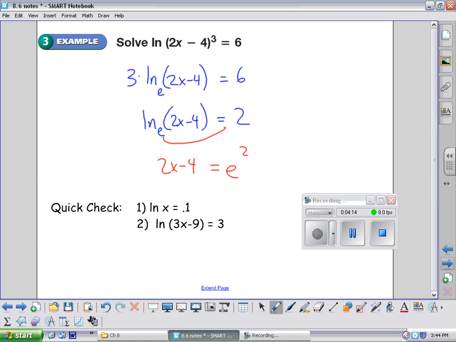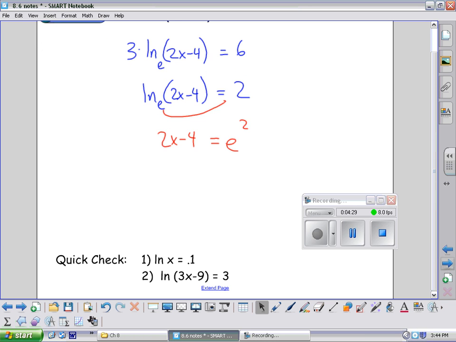2x minus 4 equals e squared. Again, e is a number, 2.71 squared. Let's just continue right here. Take this thing down here: 2x equals e squared plus 4.